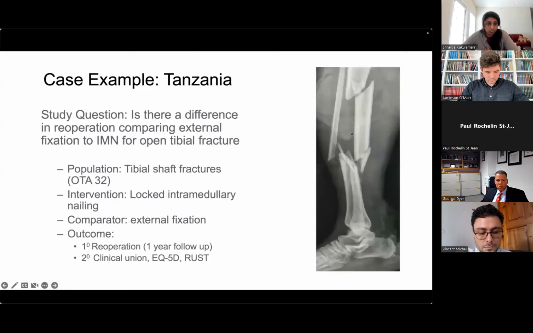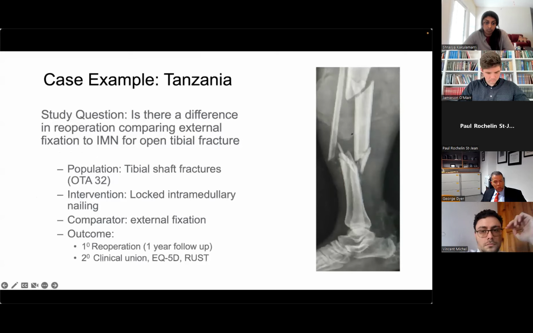So we're going to take a case example of a study that we've completed with our partners in Tanzania. It's a question that's stated as whether there's a difference in reoperation comparing external fixation to intramedullary nailing for open tibial fractures.